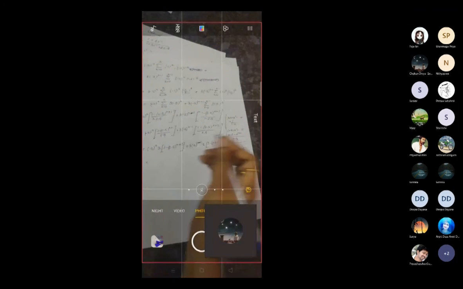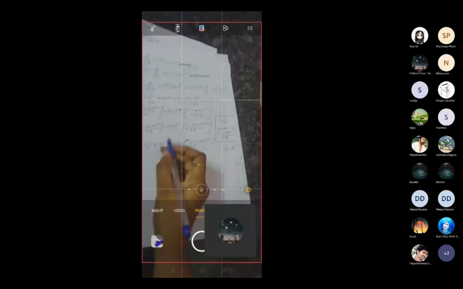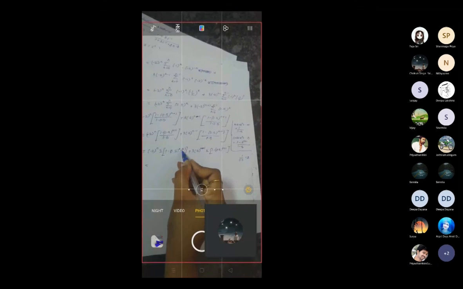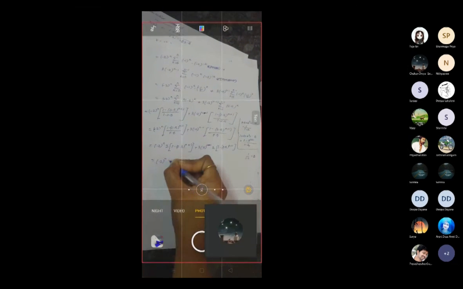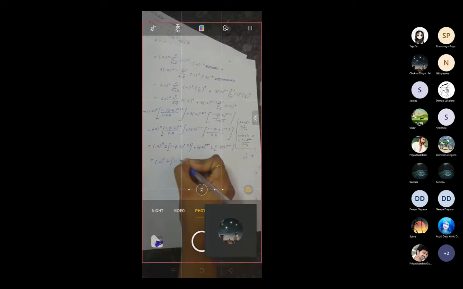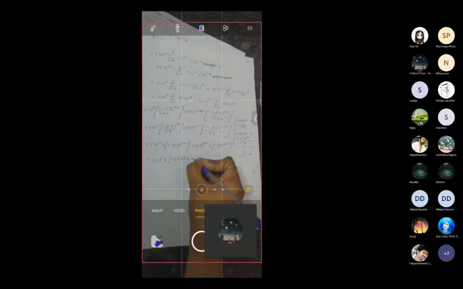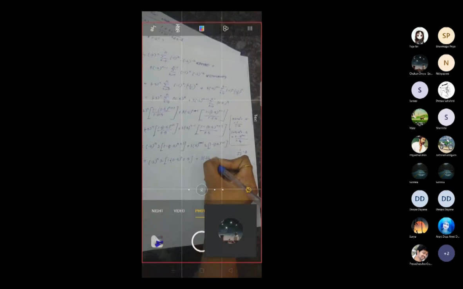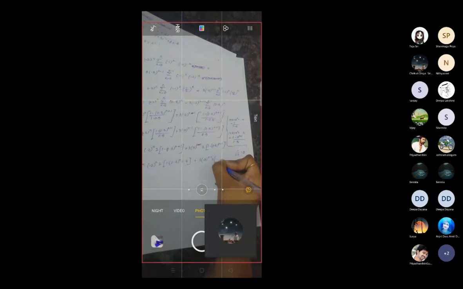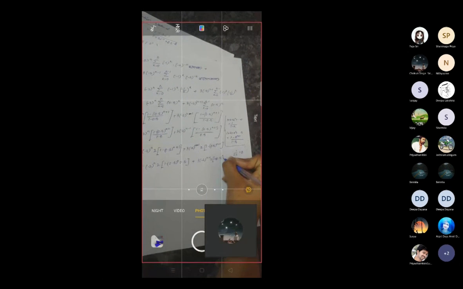Okay. After this I can split, since in the power you have n plus 1. So I can split and write (-2)^n into 2 times (1 minus 0.5^n into 0.5) plus 3 into (-2)^(n-1) into 2 times (1 minus 0.5^n into 0.5).